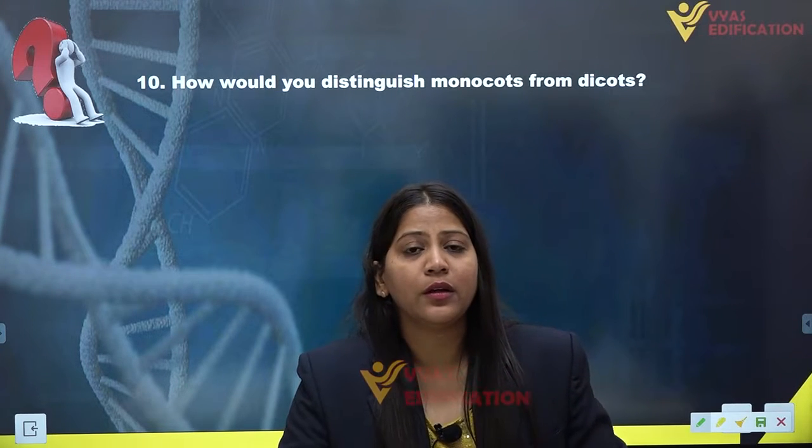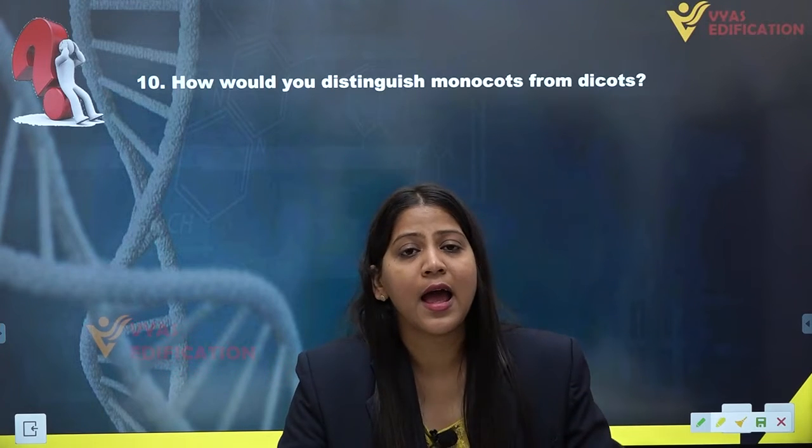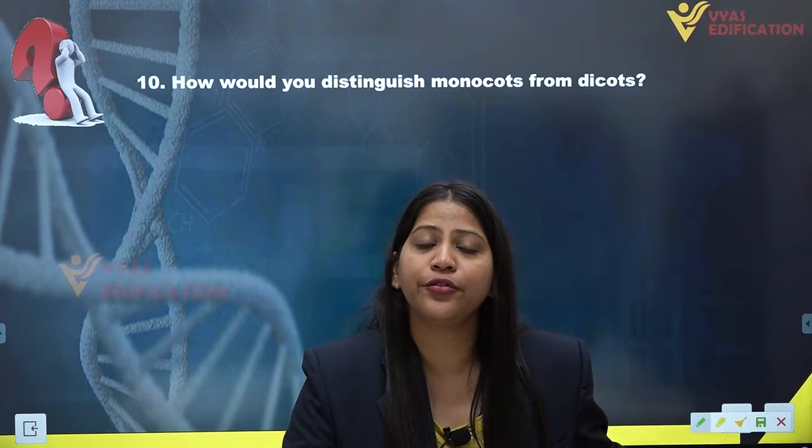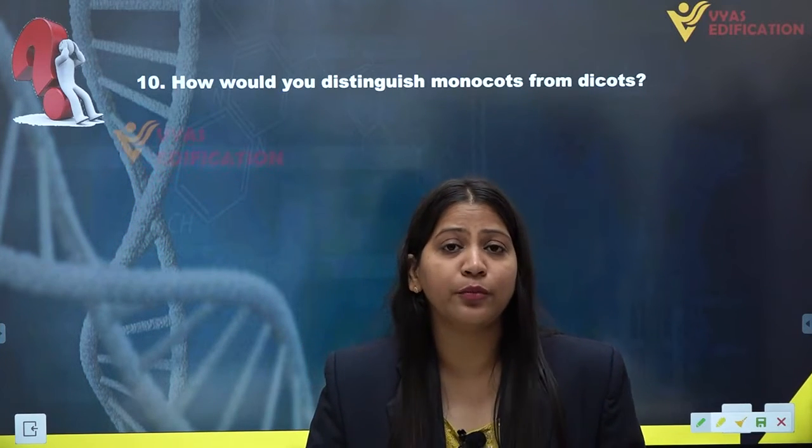The roots of monocot plants are adventitious, and the roots of dicots arise from the radicle.